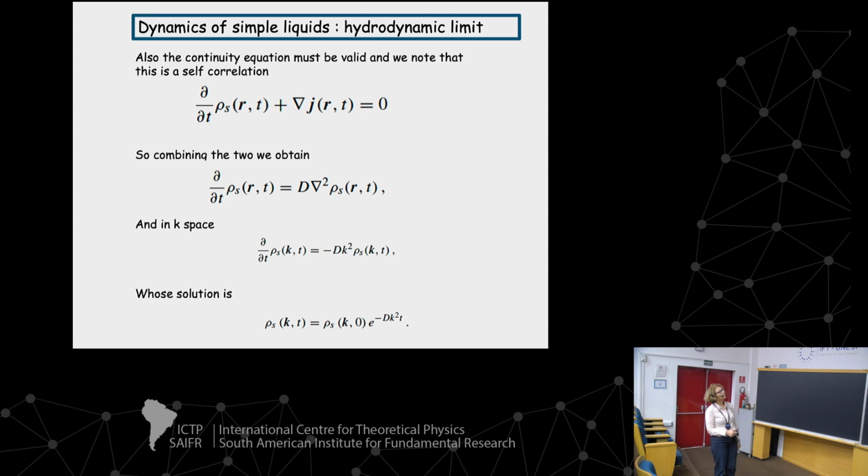So if our density is changing in time, it means that there must be a current of people coming in or out of this room. This is the same for the particles of a fluid or for a continuous fluid. This is the continuity equation. The rate of change of our density here depends on the number of people going in and out.